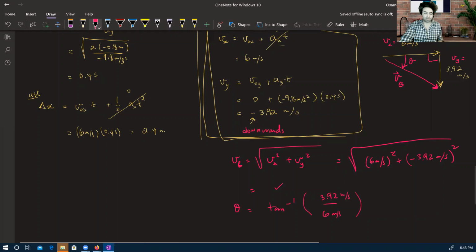Because I'm calling up positive, this would be downwards. Sometimes it confuses, because the tan inverse doesn't know the difference between negative a over b and a over negative b. That's just an aside. So it doesn't know whether the x is negative and the y is positive, or the x is positive and the y is negative.